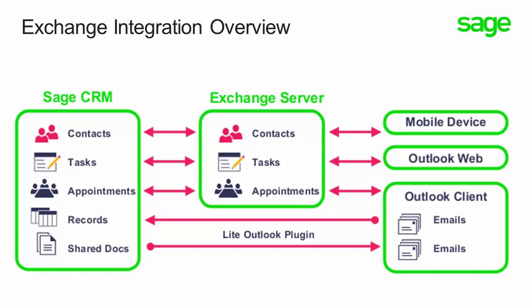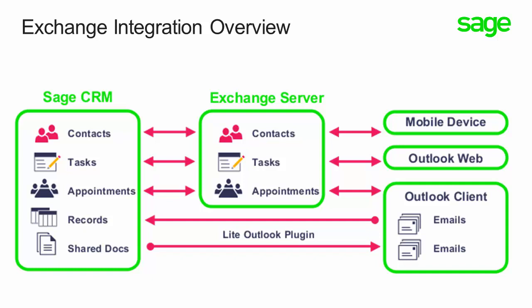Appointments, tasks and contacts can be synchronized between Sage CRM and the Exchange server, and the functionality is supported whether the user is working in the Outlook client, Outlook web access, or using a mobile device that connects ultimately to Exchange.